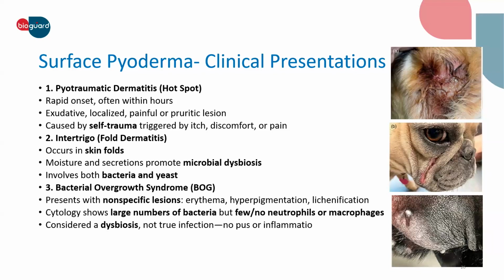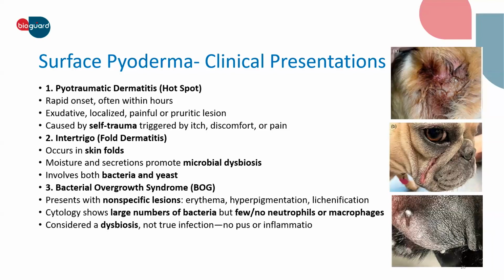And the second one is intertrigo, which usually occurs in skin folds, like the figure in the middle. You can see the moisture and secretion promote microbial dysbiosis. This involves both bacteria and yeast. And the third one is bacterial overgrowth syndrome, like the bottom figure. This usually presents with non-specific lesions.